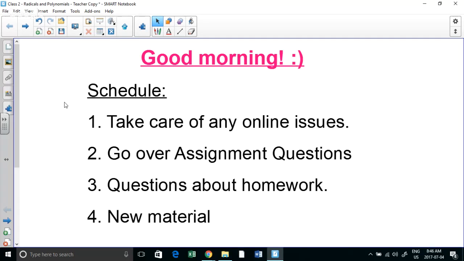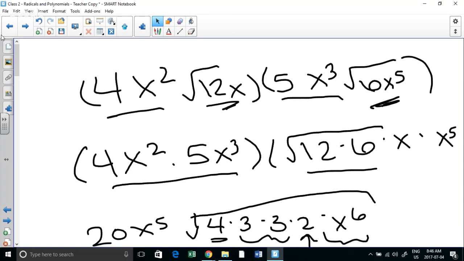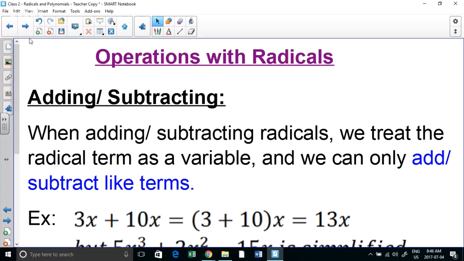All right, fantastic. So I'm assuming we are ready. Just a quick review. Yesterday we introduced the idea of radicals. With radicals we're dealing with roots, just a simple square root, and we have different operations that we can do with these roots, different properties that these roots follow, because technically those roots are exponents.